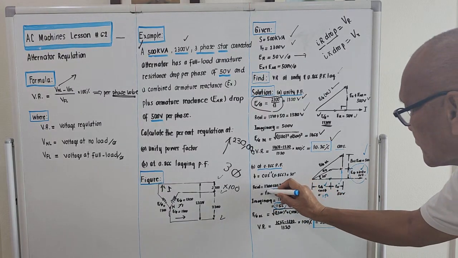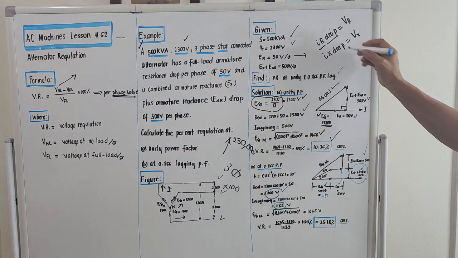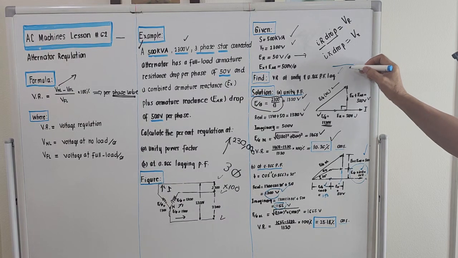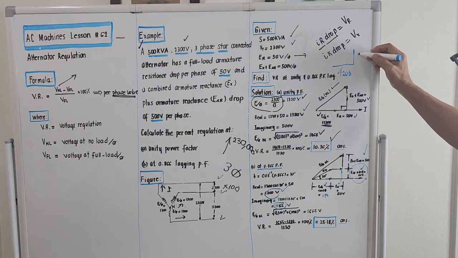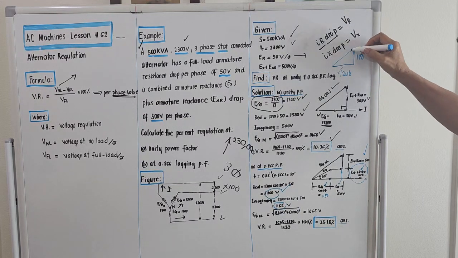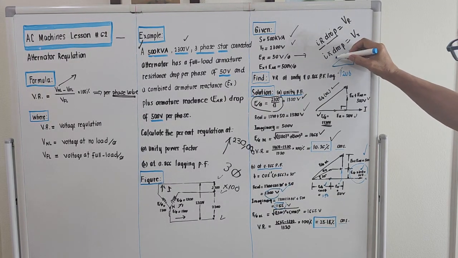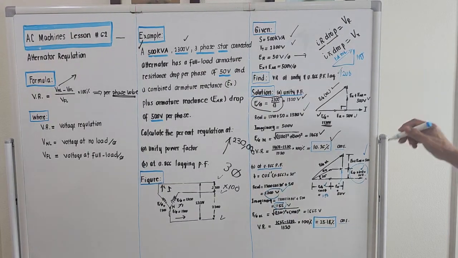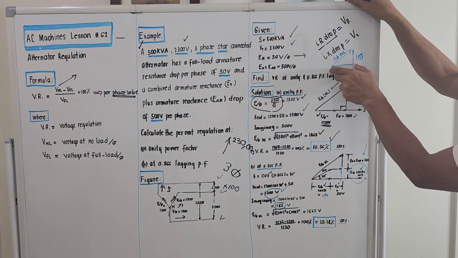The first one is 1,200. So it seems we are given a real part of 1,200, imaginary part of 1155, and the hypotenuse is actually the voltage per phase at no load. This is the total real part.